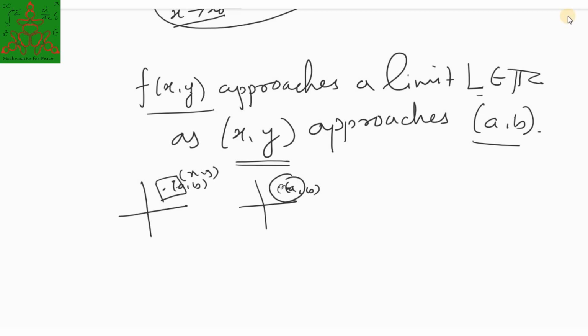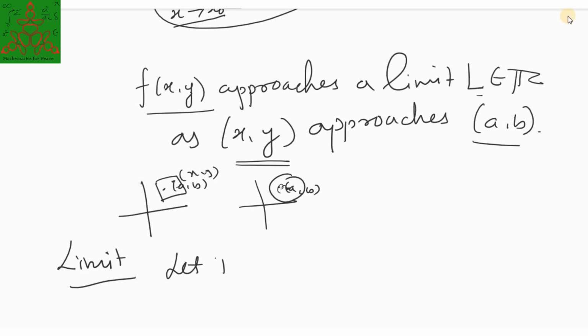What is the requirement if you want to define a limit of a function? The first requirement is that the function domain should be an open set, because it has to contain some open sphere or open neighborhood.